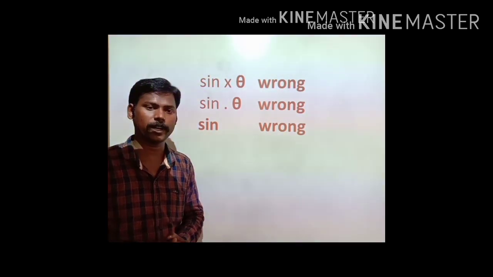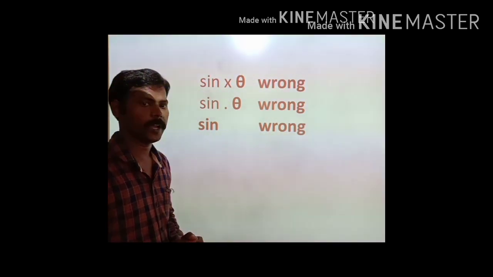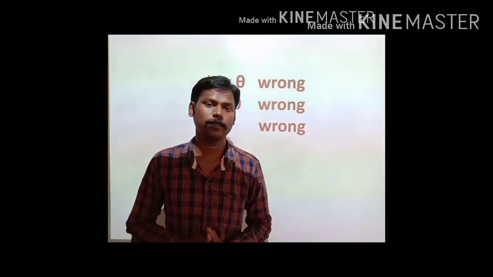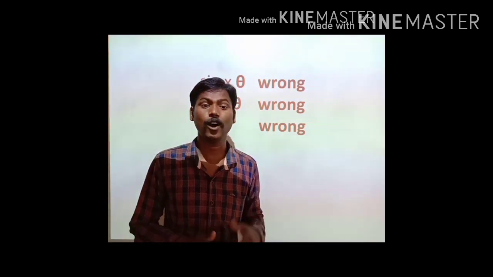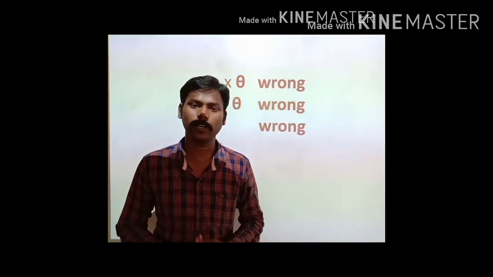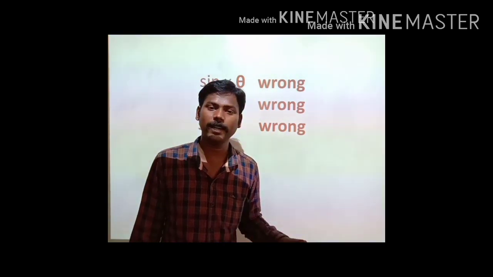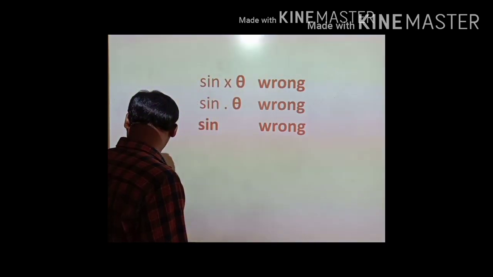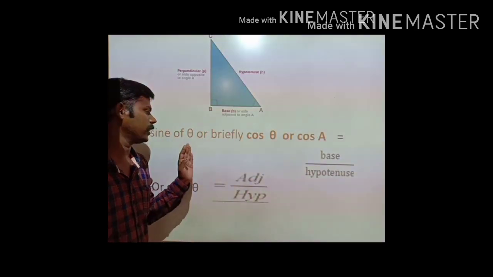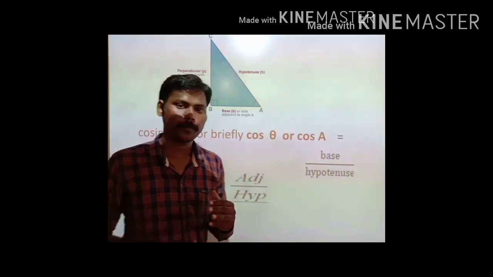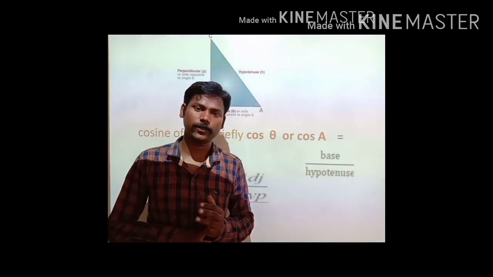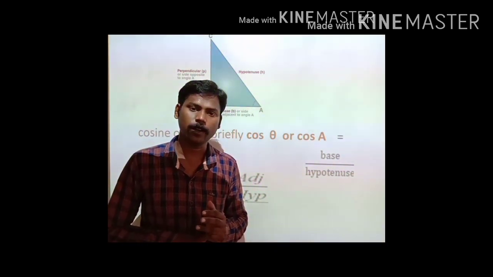Similarly, the remaining trigonometric ratios. Next, we have cosine of theta or cos theta. It is the complementary angle of sine theta. Everyone observe the board. The first trigonometric ratio we learned is sine of theta.